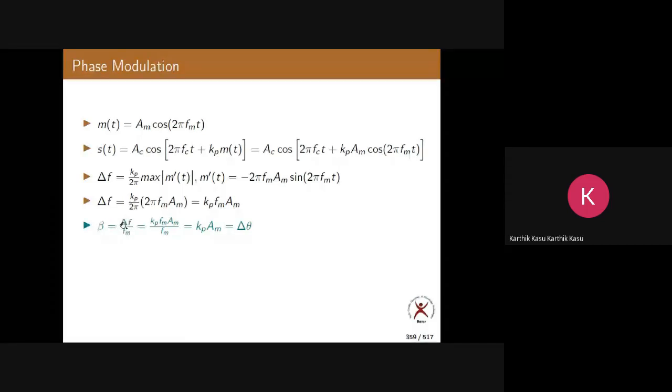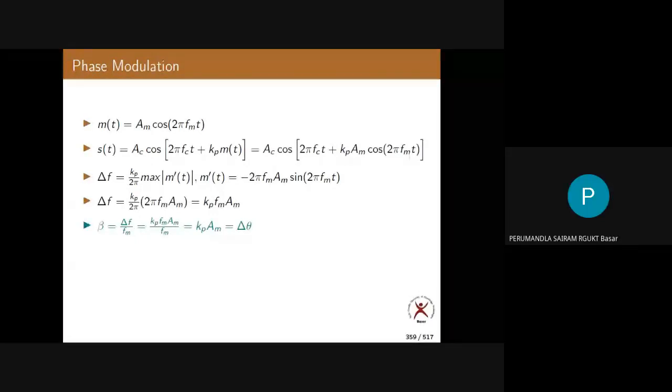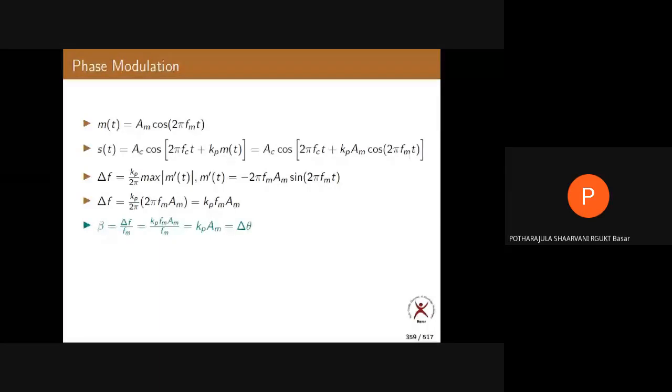What is delta f called as? Anyone? Answer me. Peak frequency deviation. I want someone to answer, please. Hello, am I audible? Peak frequency deviation.